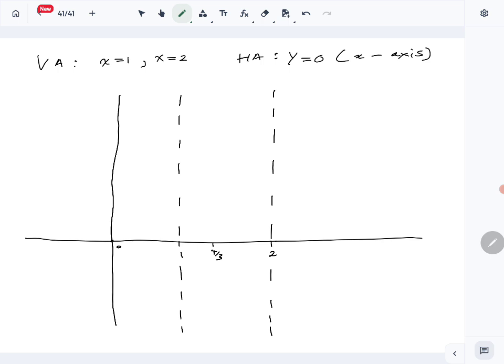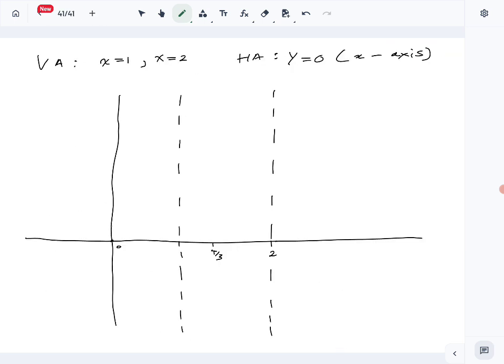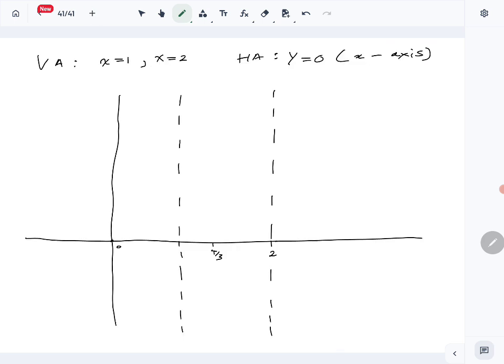Then at 0, what do we have? At 0, we have local min value is 1. So x equals 0, y equals 1. So we'll mark that point.